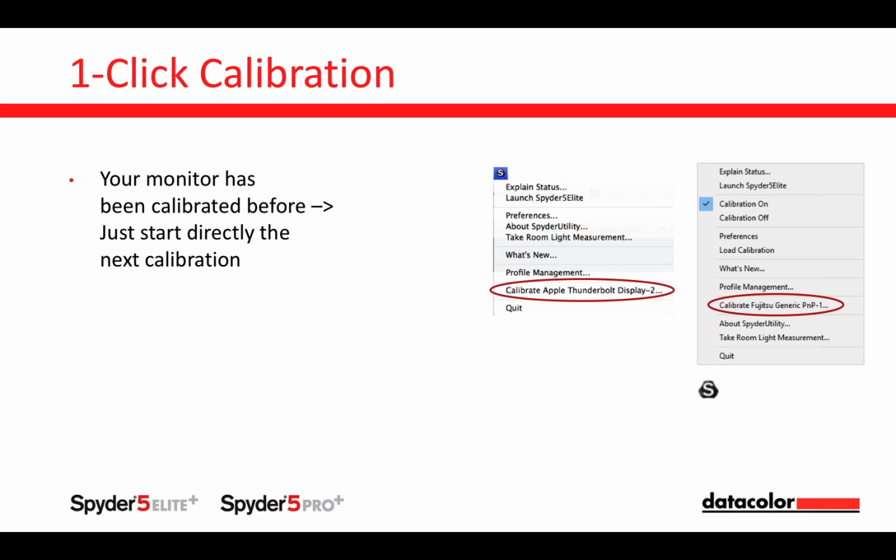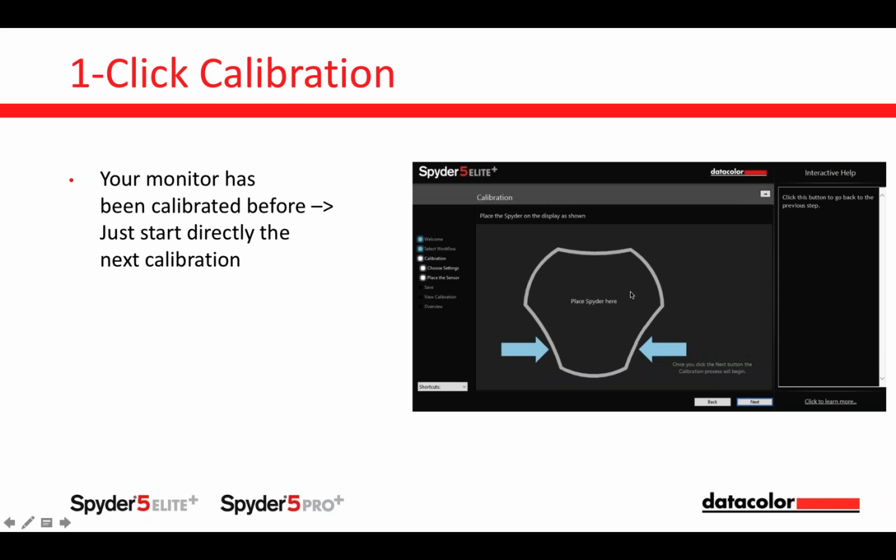That recalibration can now be started with a simple click on the little Spyder icon, which is Spyder Utility, on your toolbar, and this opens, depending on Windows or Mac, this menu. Your calibrated screen is listed there, and you can start a recalibration with just one click. It will directly start with that screen.